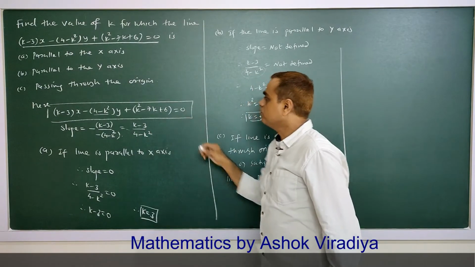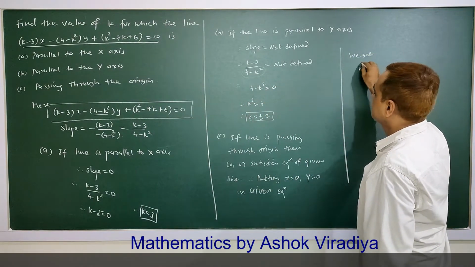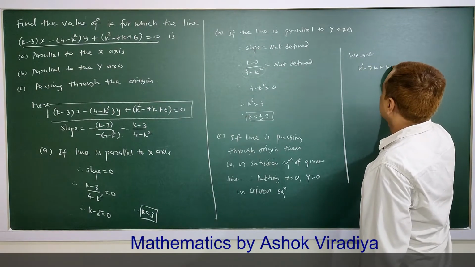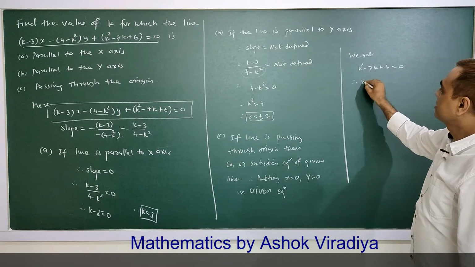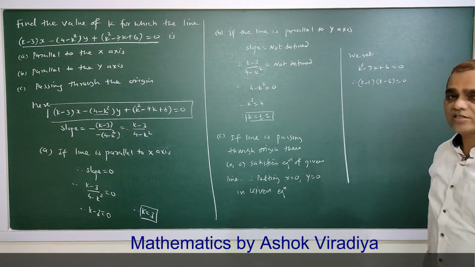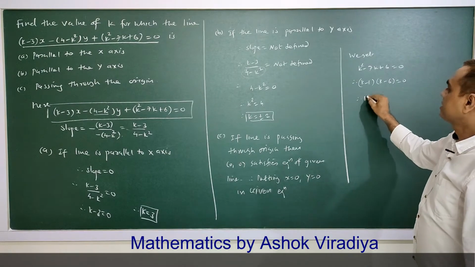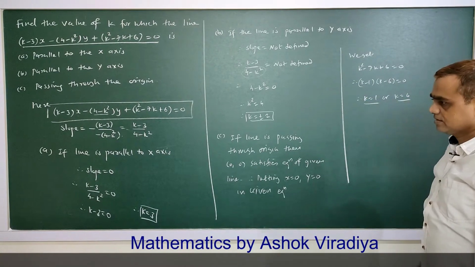This part equal to 0. So we get k square minus 7k plus 6 is 0. So that means (k minus 1)(k minus 6) is 0. So in this case, k is 1 or k is 6.